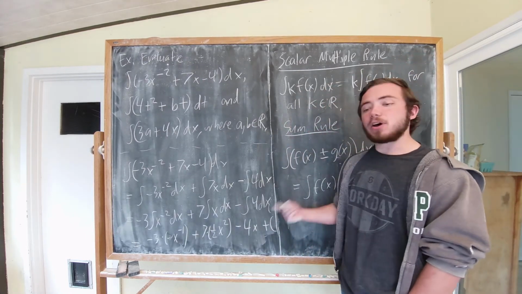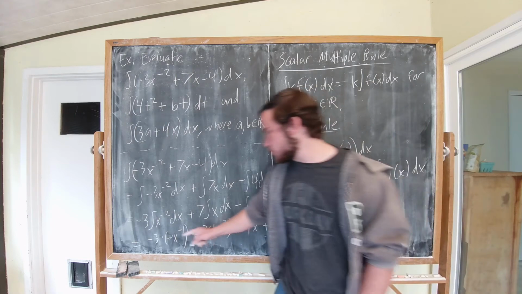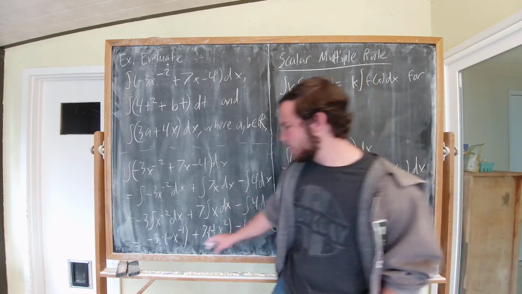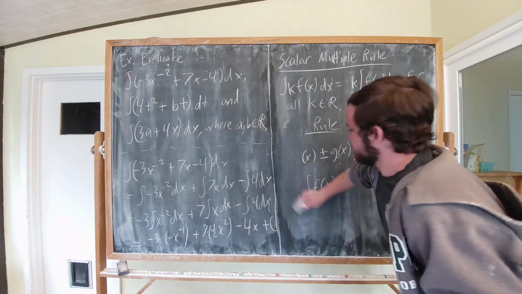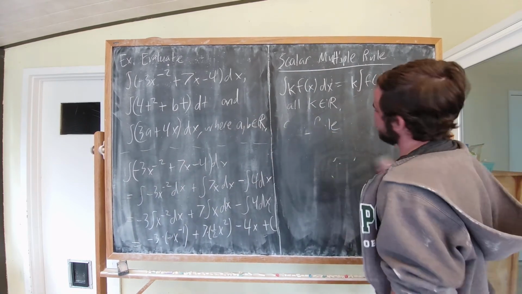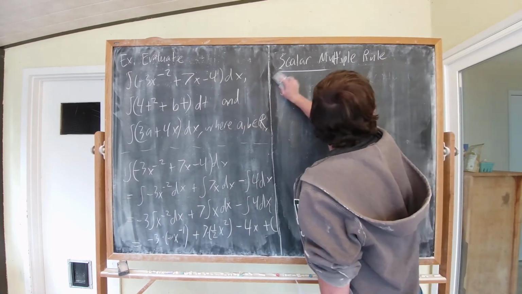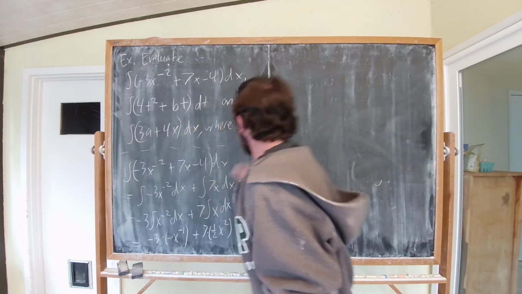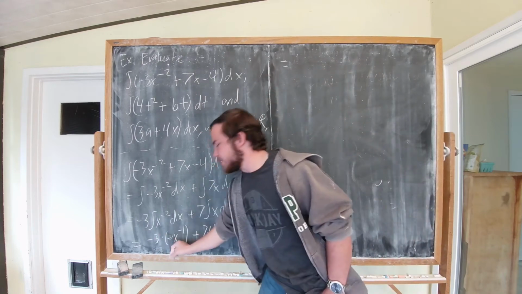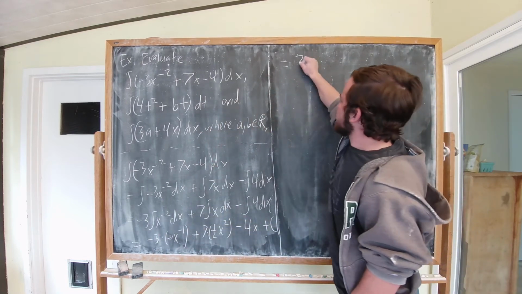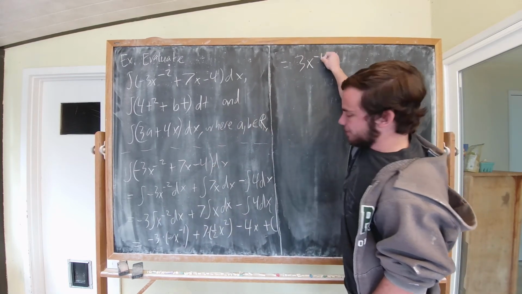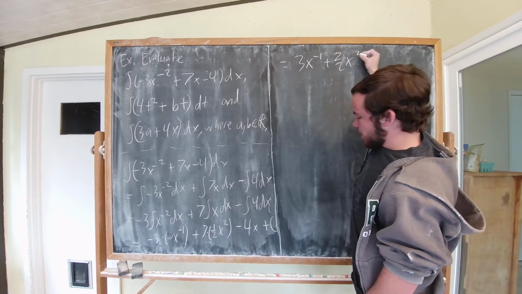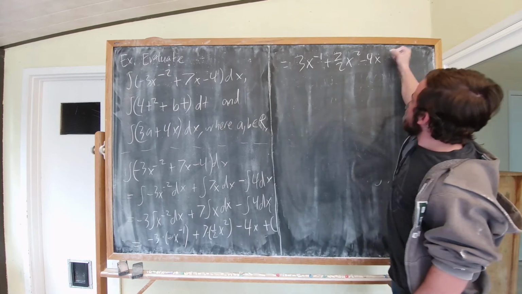All right. So I want to point out two things there. These are the power rule, and then this is the constant rule. Simplifying, negative 3 times negative 1 is positive 3. So we'll have 3x to the negative first plus 7/2 x squared minus 4x plus c.